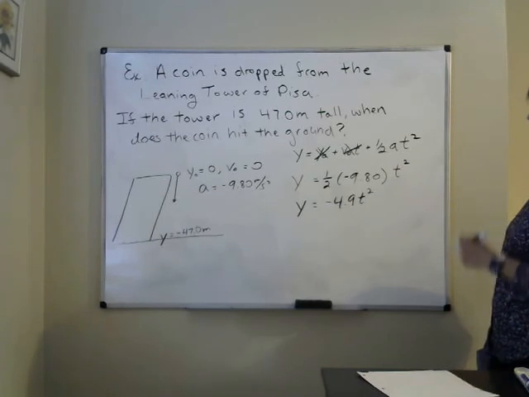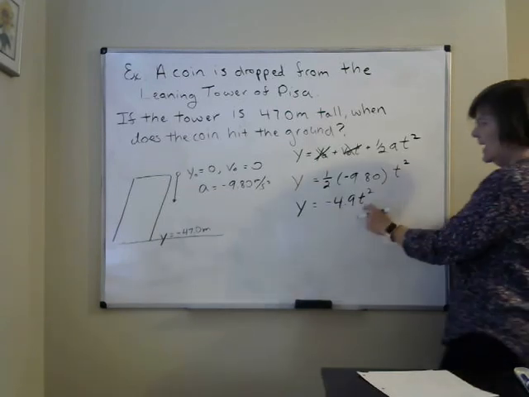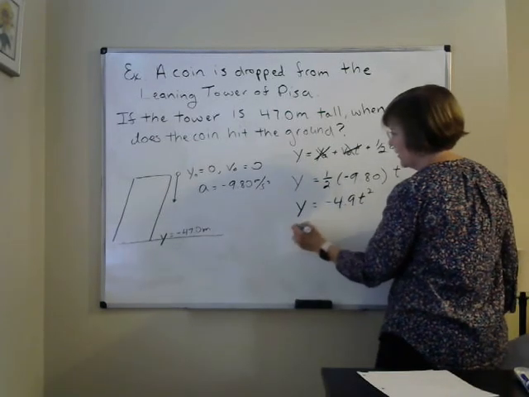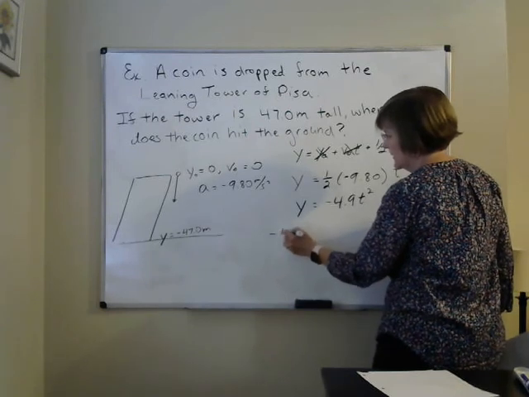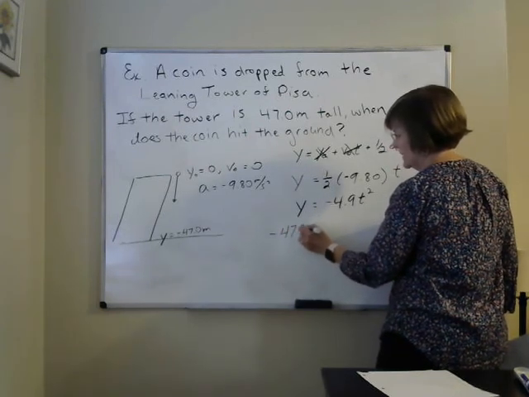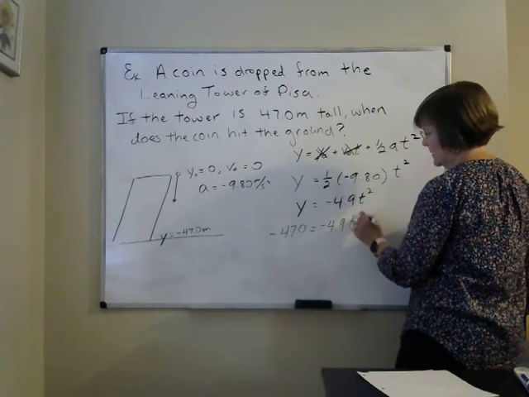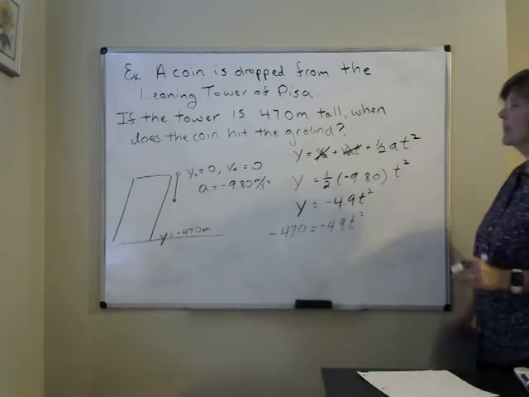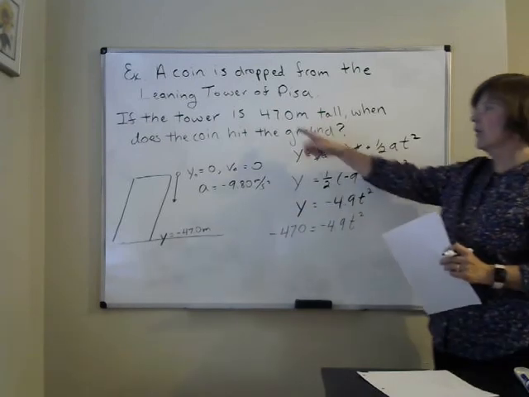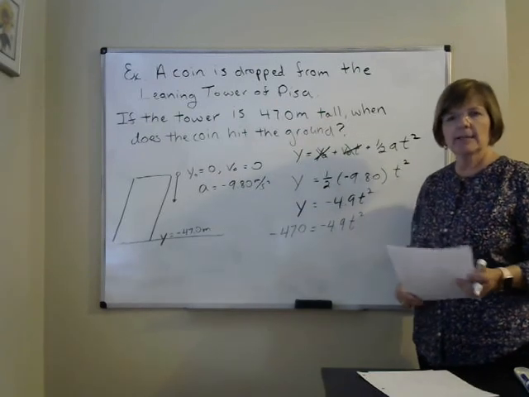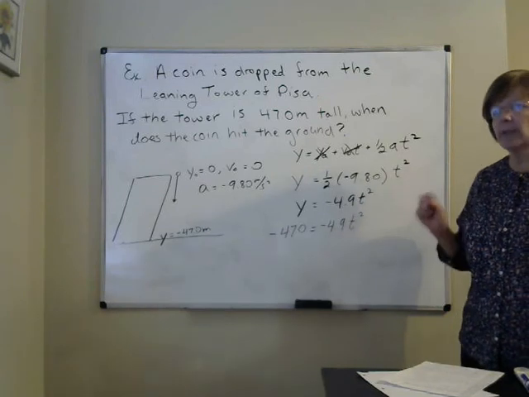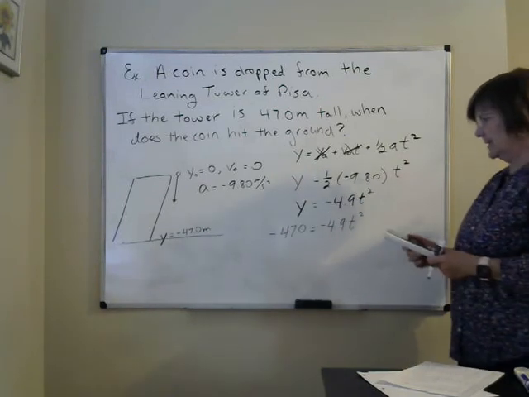When I'm trying to solve for t, I know how far it will fall. It's going to fall negative 47.0, negative 4.9 t squared. Remember, at 3 seconds, it had fallen 44 meters. So my intuition says this is just going to be a tiny bit longer than 3 seconds.